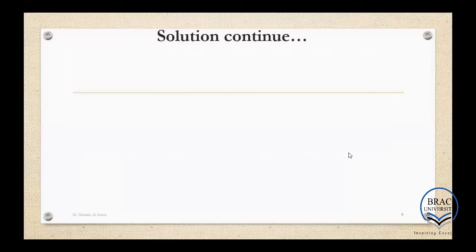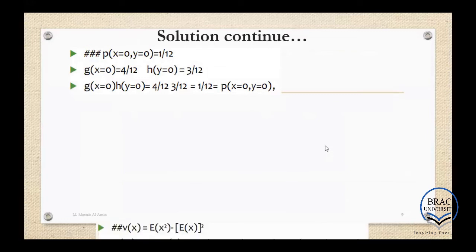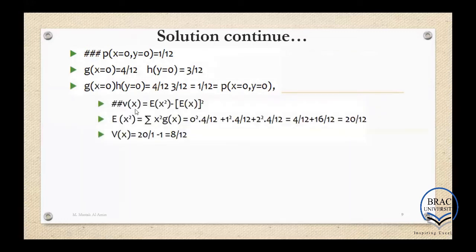We can calculate variance of x by using the expected value of x square minus the expected value of x whole square. We know the expected value of x square equals the summation of x square g of x. So now what about g of x? g of x is the marginal probability of x. When x equals 0, it is 4 over 12.